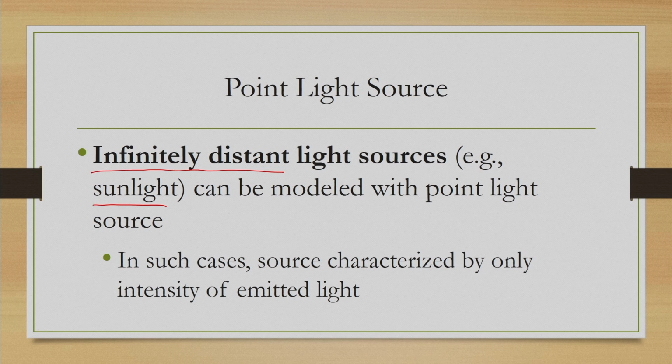However, in such cases, since it is very far, position makes no sense. So, we characterize such sources only with respect to the intensity of the emitted light. So, only the intensity of the emitted light characterizes the light sources that are infinitely distant from the point.